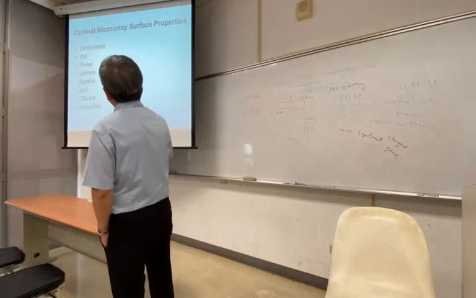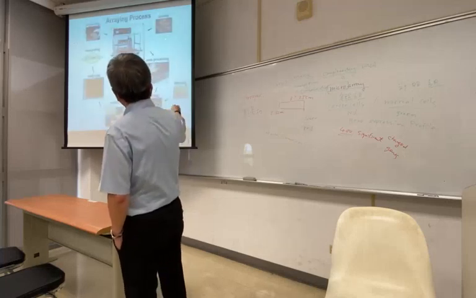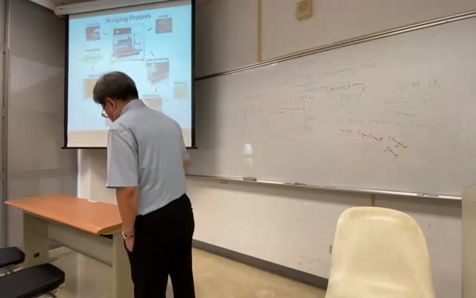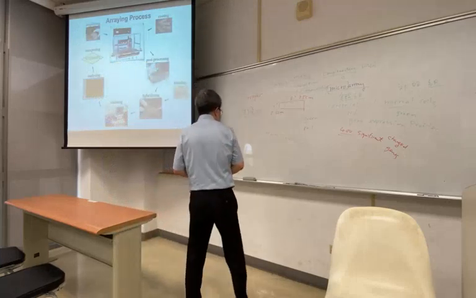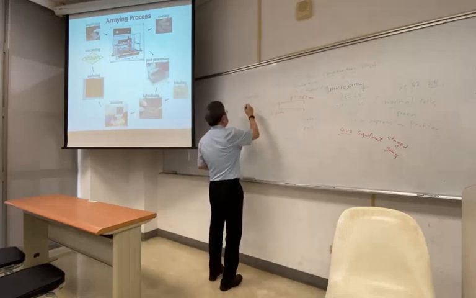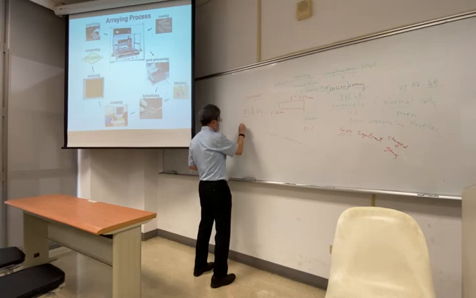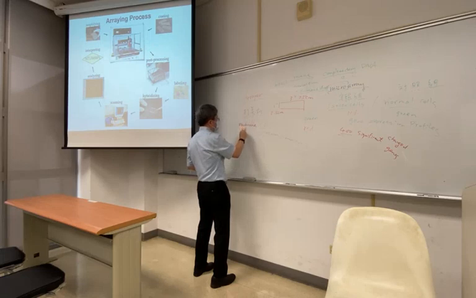So, microarray surfaces. Remember I told you why we picked glass. There are three types. In the beginning, people were using membrane. Okay? In Chinese they call it 滤膜.